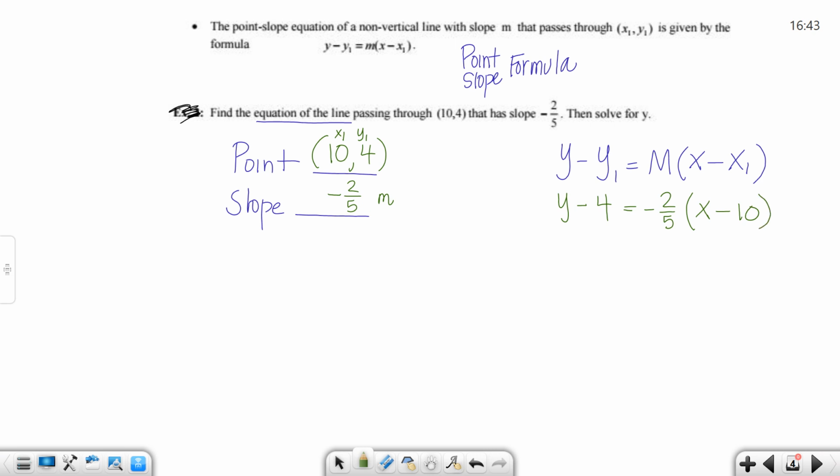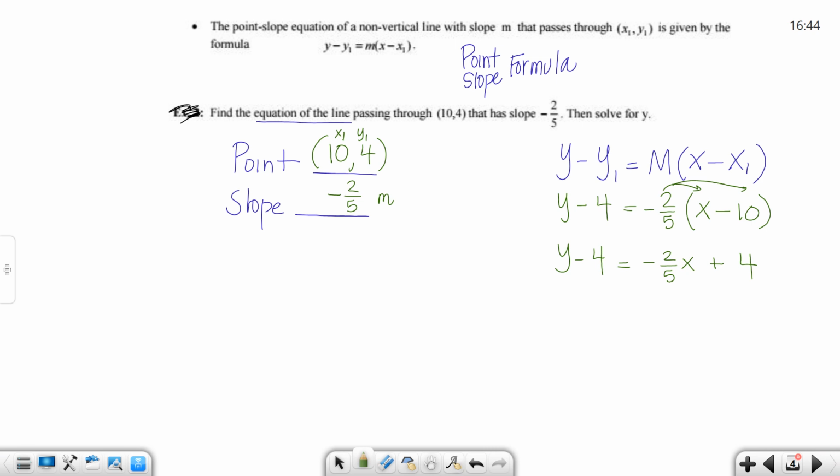Now every time I give you one of these, I'm going to ask you to solve for y. So in this green equation, I want to simplify it with y equals on the left side. So I have y minus 4 here. Over here I have to distribute. So I get a negative 2/5 x, and I get plus 4.